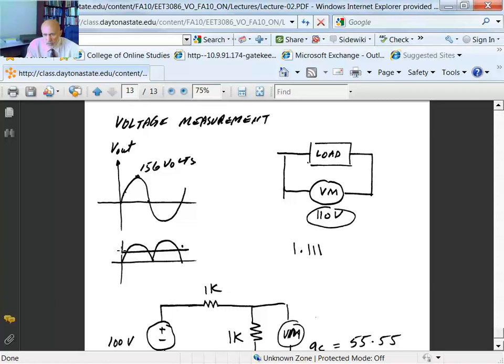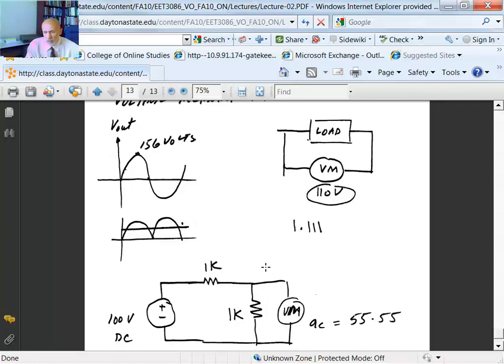And then they look at the DC value, that's what the meter actually responds to. The difference between the average value and the AC value is about a 1.11 factor. So when they calibrate the meter, whatever the meter is reading, they multiply by 1.11 and mark that off as the proper value on your AC scale.